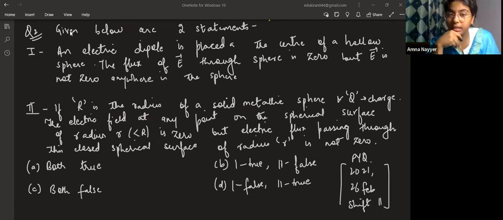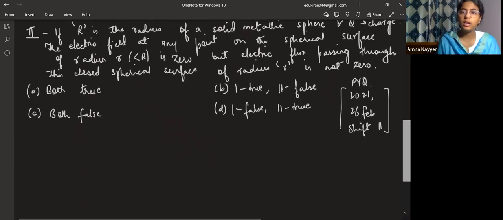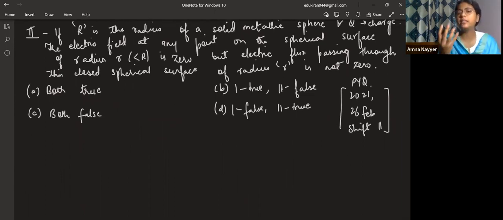Those who are saying B, your answer is right. See the reason. Those who are getting both false, see, the net charge on an electric dipole. What is the net charge?